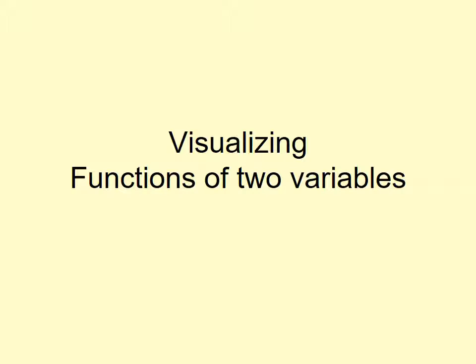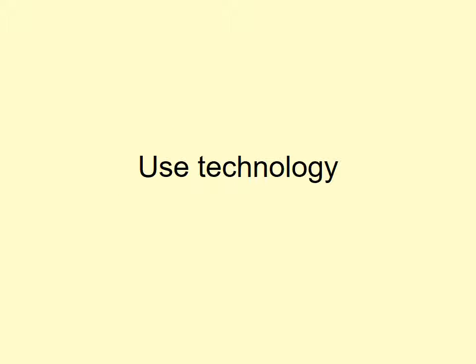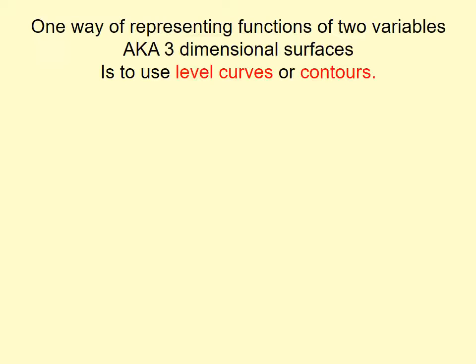Now, as I showed you earlier, the best way of visualizing functions of two variables is to actually find a graphing utility that'll handle it and draw it out so that you can see what's going on. Sometimes, however, that's not feasible.